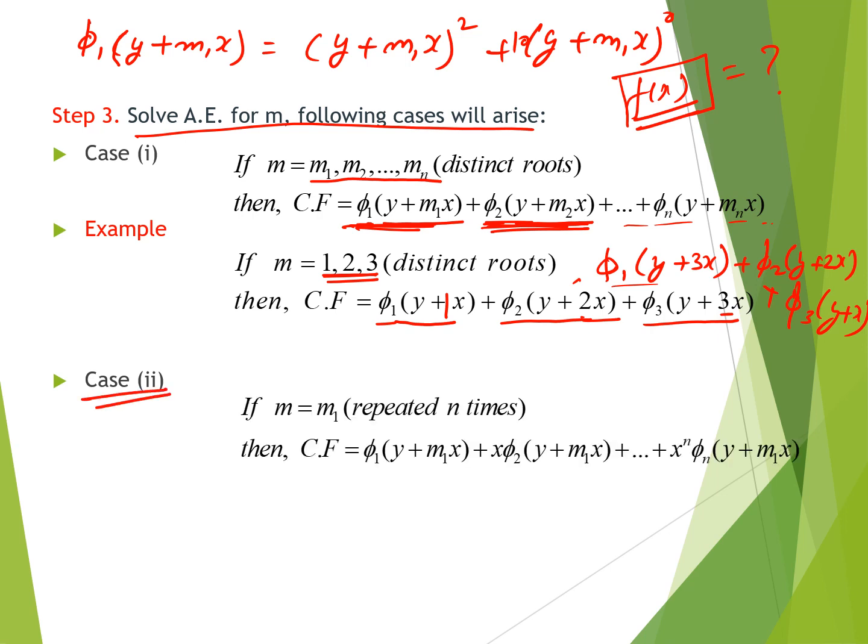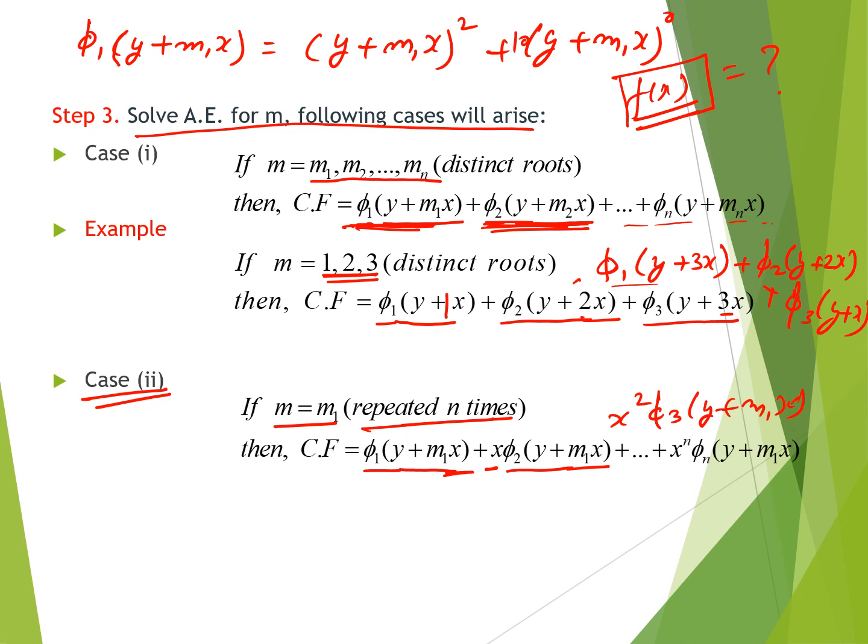Now case 2: if m1 is repeated n times, then the CF will be phi1 of (y plus m1x) for the first term. For the second term, x into phi2 of (y plus m1x). The next term will be x square phi3 of (y plus m1x), and so on.